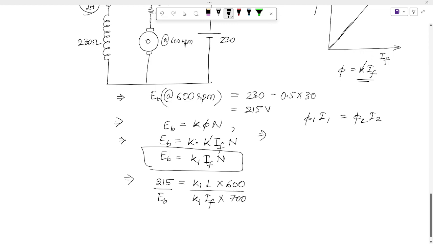Okay. What is the value? Find out the relation between EB and IF.